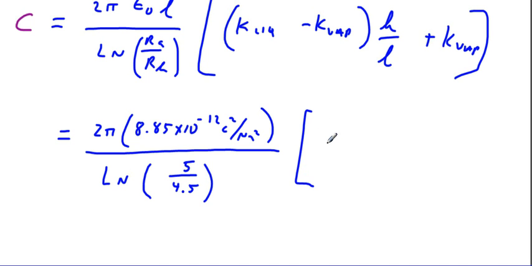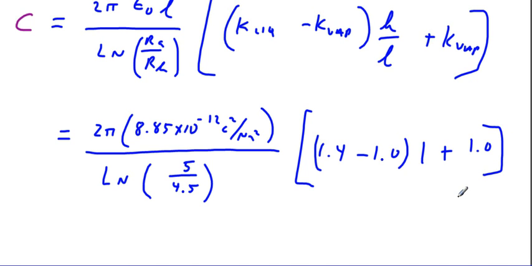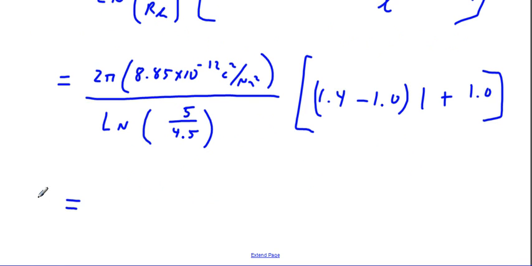Times K of the liquid 1.4 minus 1.0 times 1 plus the K of the vapor, which is 1.0. And we put that in our calculator and we get the capacitance full is going to be 1.5 times 10 to the minus 9th farads.